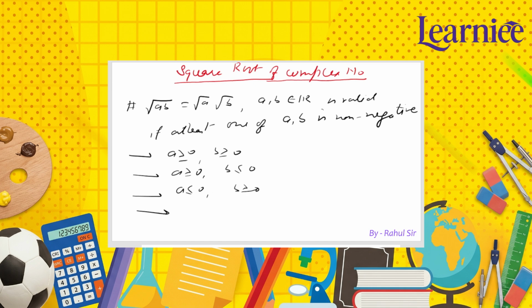But the important thing is this is not valid if A and B are both negative. So this is wrong, this is valid, this is valid, this is valid, but this is not valid.